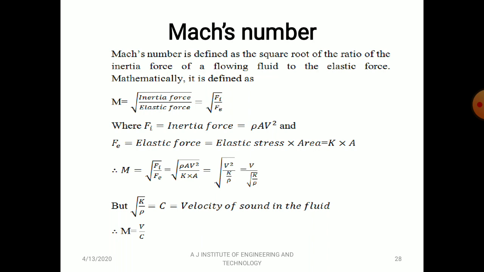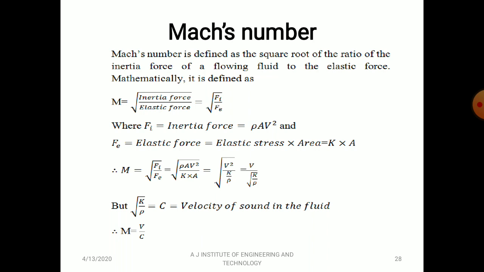To get elastic force, you multiply elastic stress by area. Elastic stress is the bulk modulus here, so K into A. Therefore, upon substitution, M equal to square root of rho A V square divided by K A, that is equal to square root of V square divided by K by rho.